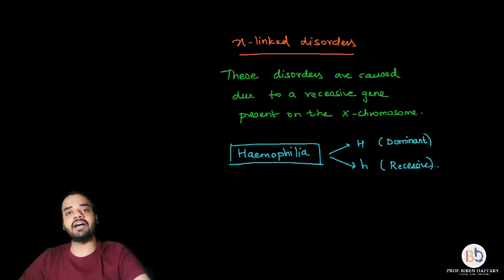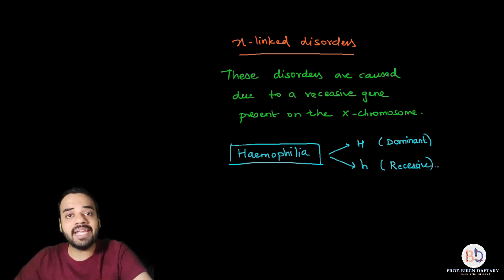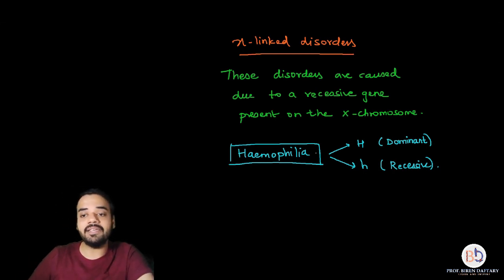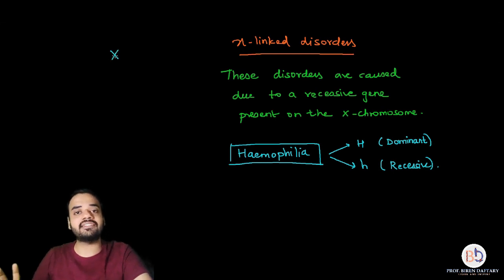So now if I ask you to tell me the genotype of a male suffering from hemophilia, then what will it be? First of all, let us write down the sex chromosomes present in a male.